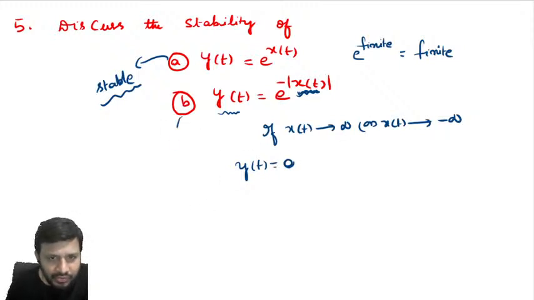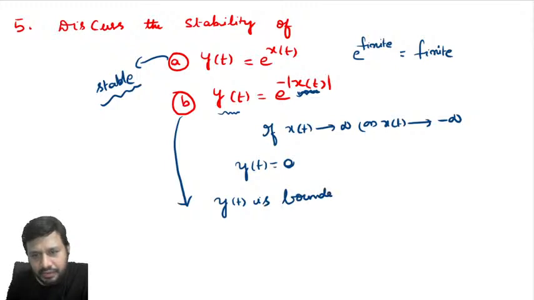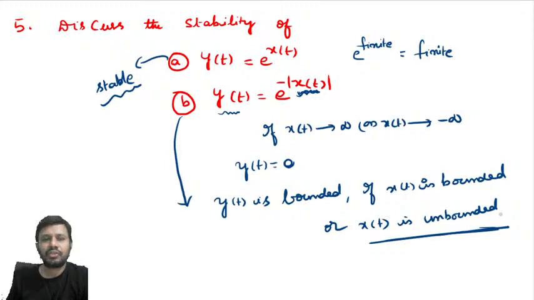So for the second system, y of t is bounded if x of t is bounded or x of t is unbounded. Remember my dear students, for bounded input, bounded output you are going to get.